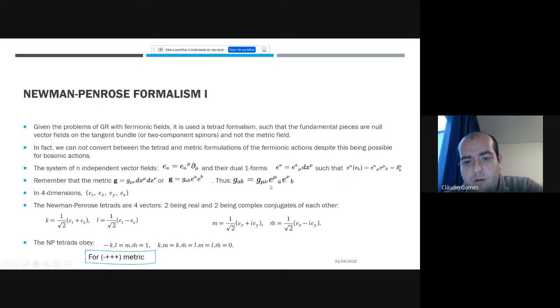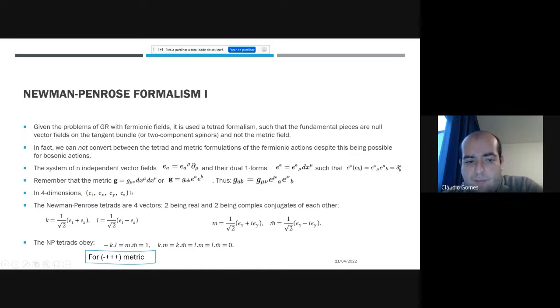And these two components, if you adopt a matrix representation, that means that the components of that matrix can be given by the old one in the space-time coordinates by this transformation. So in 4 dimensions, let us choose these vectors, e_t, e_x, e_y, and e_z.